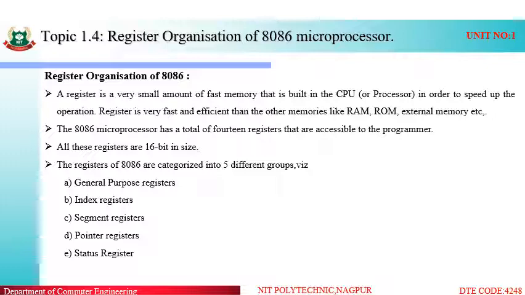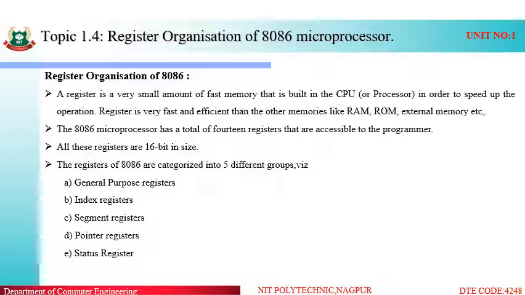So we reduce this time by arranging some registers inside the processor itself, so it does not have to go to any external memory and get its data or perform any memory related operation. That's why these registers are built inside the processor itself, to reduce our execution time.